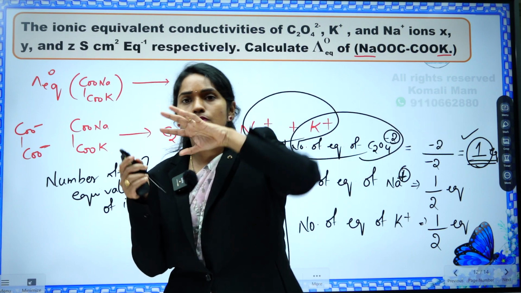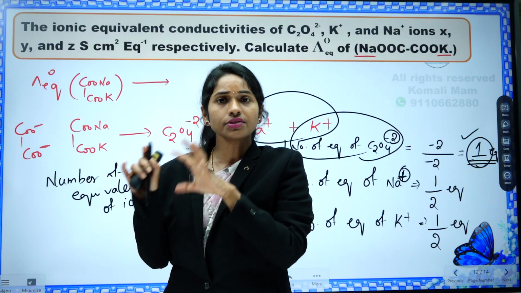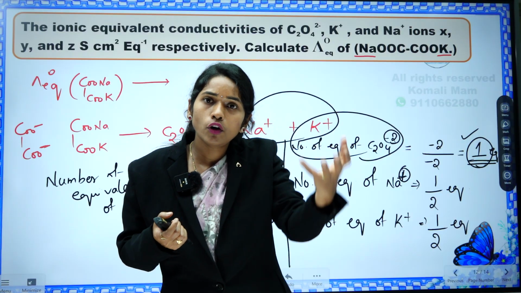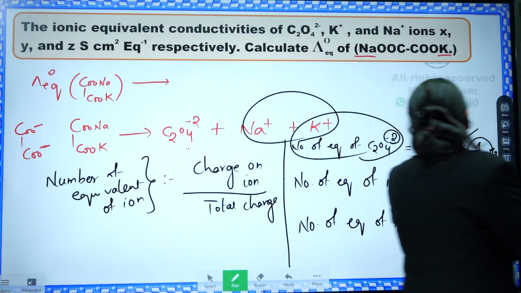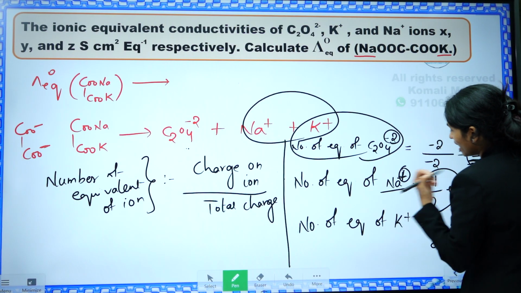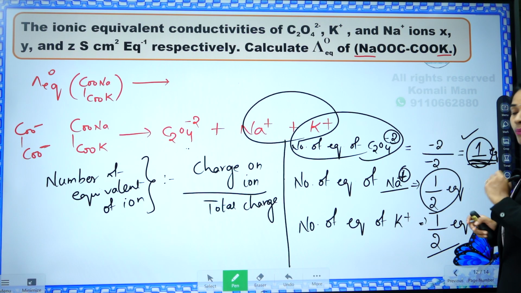Those electrons move towards the cathode, where reduction takes place. So this anion loses 1 mole of electrons, and that 1 equivalent of electrons is accepted by half equivalents of Na plus and half equivalents of K plus.